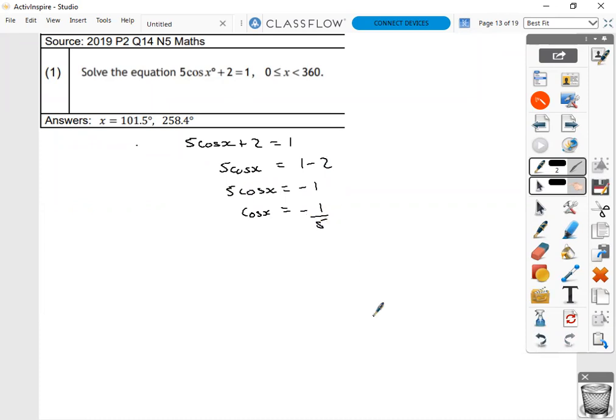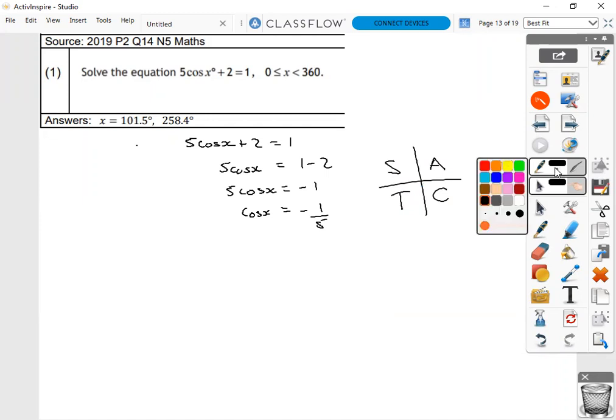Now this is where we stop, and we want to look at the CAST diagram for the first time. What we're looking to see is whether this number here is negative or positive. If it's negative, my solutions are going to be found in the quadrants in which cos is negative.